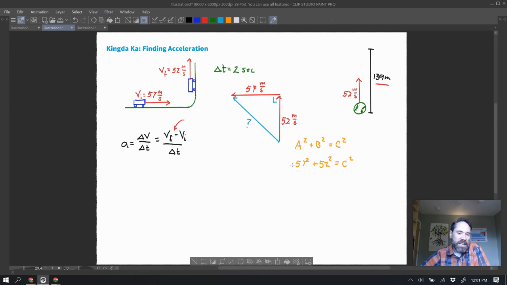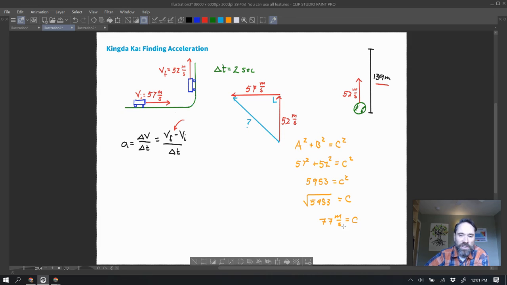If I square this and square that and add them together, I get 5,953 is equal to c squared. I take the square root of 5,953, and what I get is 77 meters per second.